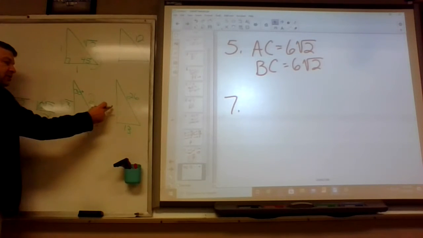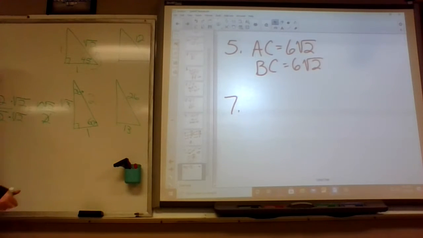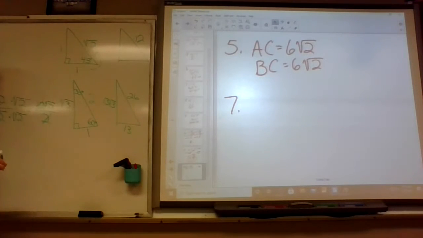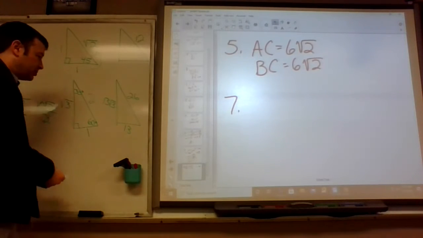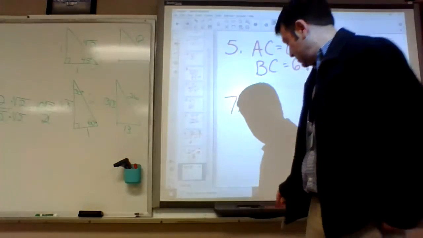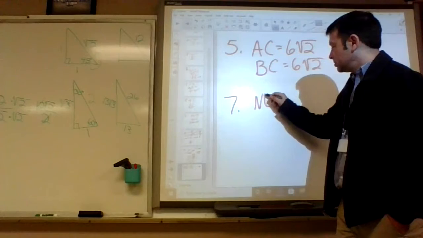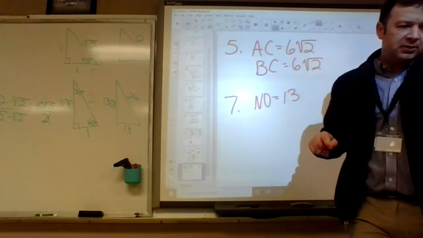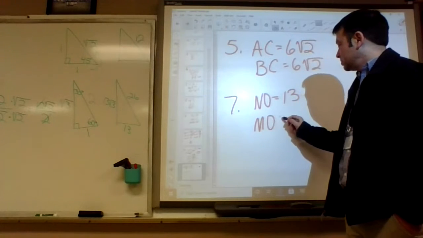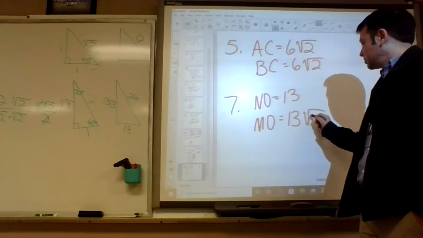If the short leg is 13, what's the long leg going to be? 13 square root of 2. So I guess we'll write it down. NO is 13. And MO, the long leg, is 13 square root of 2.